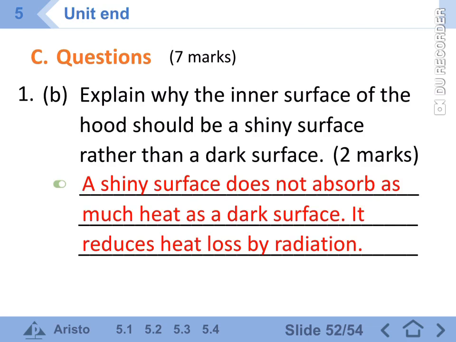If it's a really black surface, it will just keep on absorbing more and more heat, and then you are defeating the whole purpose of using a heater, because the heater is generating the heat and you're not getting it. It just doesn't make sense. So that's why it's a silvery surface. The radiation will be bounced off the silvery surface to you, so it will reduce the heat loss that way.